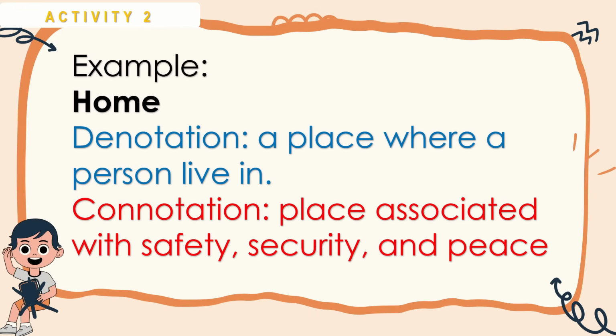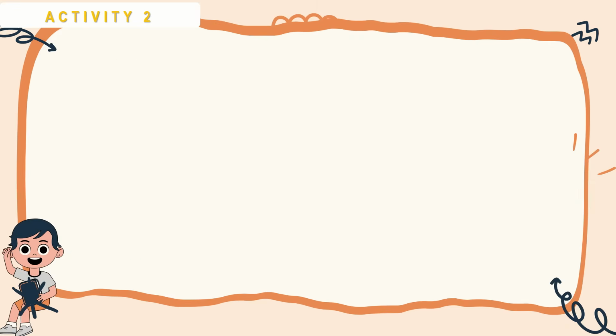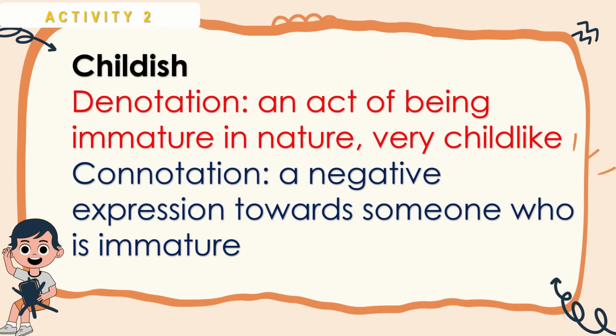For its connotation, it could be a place associated with safety, security, and peace. Next is childish. Denotation, an act of being immature in nature, very childlike. Connotation, a negative expression towards someone who is immature.